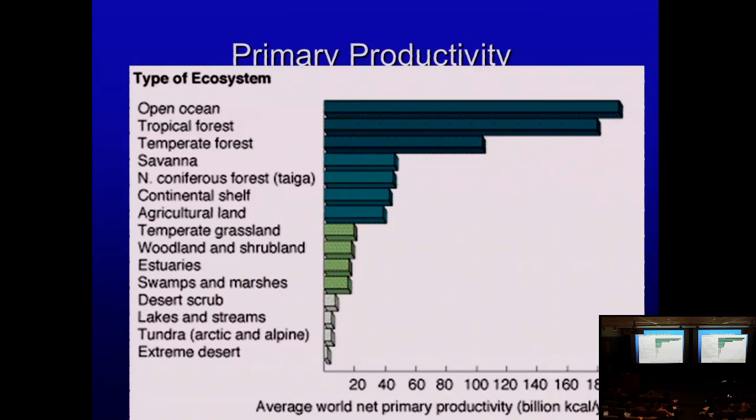What you see is not a complete turning upside down, but large turning upside down. You have to factor in that open oceans account for 72% of Earth. So while estuaries are tremendously productive, there's not a lot of them around. So we have to factor in both of these. The things that stay up at the top, tropical rainforest, temperate rainforest, and savanna. So those are our big friends in solving environmental problems.